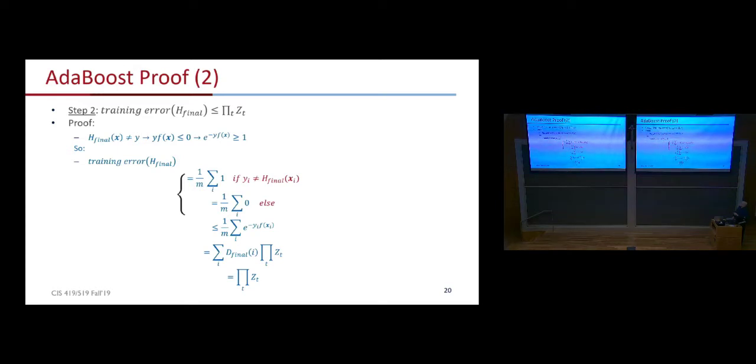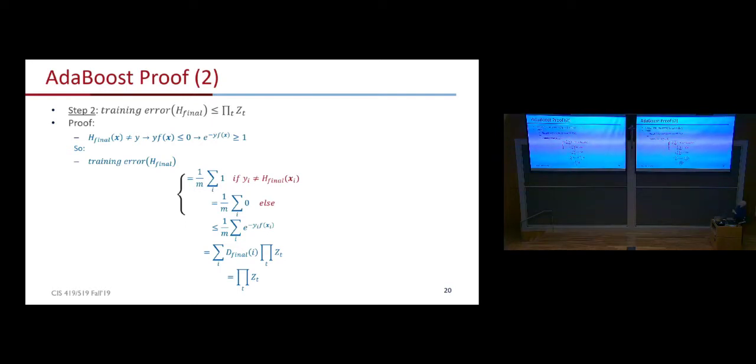So now, what is the training error of the final hypothesis? Basically, in the final hypothesis, I forgot all the distribution. I'm just looking at my data, and I'm asking, what is the training error? So the training error is 1 over m times 1 summed over all the cases I made mistakes. Right? That's it.